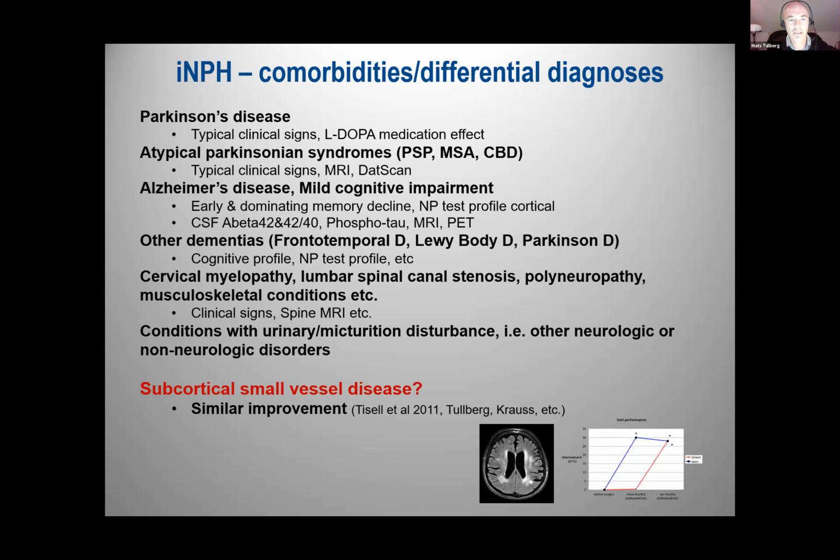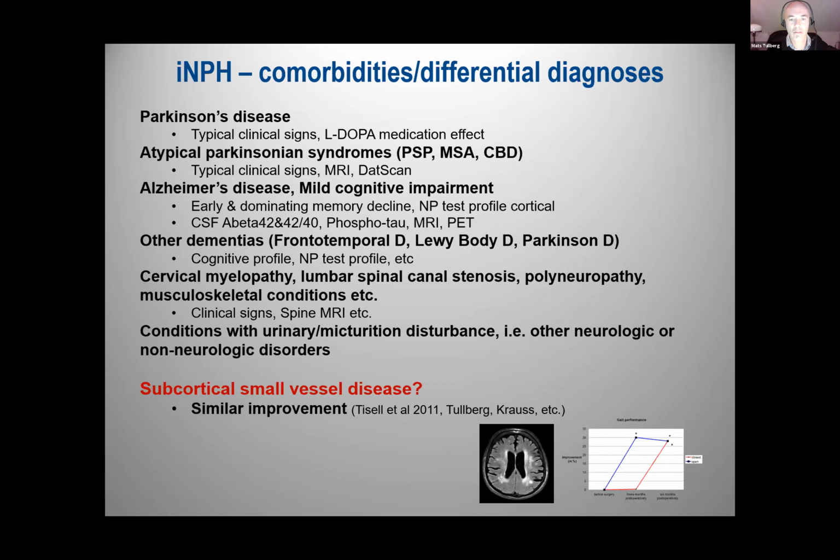For Alzheimer's disease or mild cognitive impairment, the neuropsychological test profile is essential, I would say. Also, the history is usually of early and dominating memory decline and later development of gait disturbance. And the CSF biomarkers, the A-beta 42 and the ratio 42-40, which is reduced, and also phospho-tau, are quite sensitive for that diagnosis.